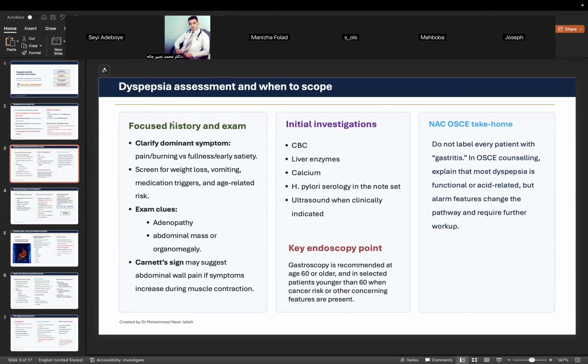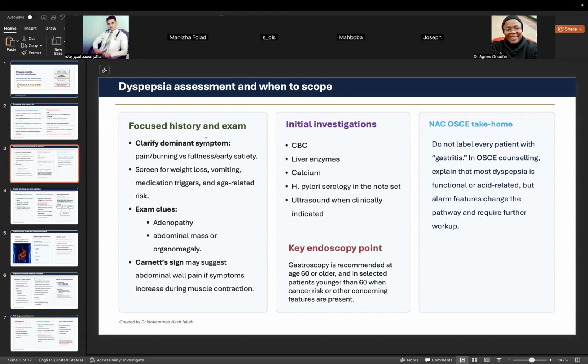Now, dyspepsia, focused history and exam, initial investigation, and NAC OSCE take-home message. So for the focused history and exam, clarify dominant symptoms. So what is the dominant or the chief complaint? Burning pain versus fullness, early satiety, which one is dominant?